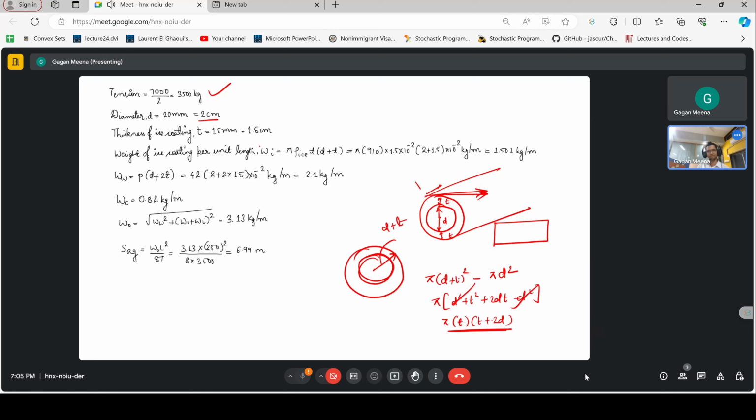Weight of ice is 910 kg per meter cube, so multiply it with the area of the ice.